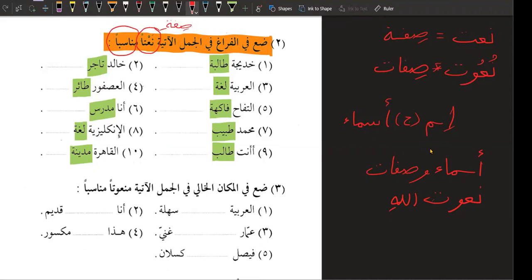Khadijatu. خديجة طالبة. Ismail, why is it Khadijatu and not Khadijatun? Because it's مؤنث, it's a feminine name. Khadijatu طالبة قبيحة. لا. We would never say Khadijatu talibatun qabihatun because it has a bad meaning.